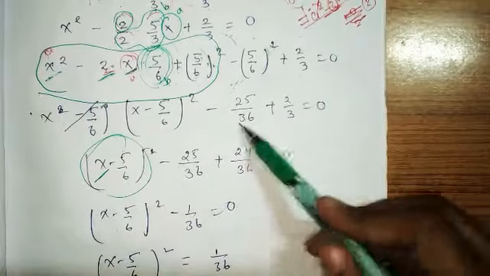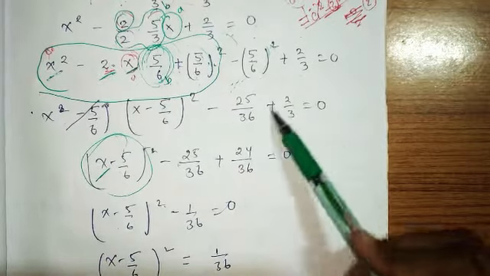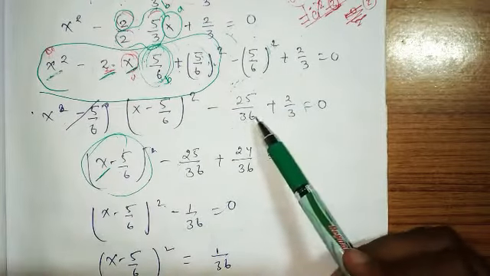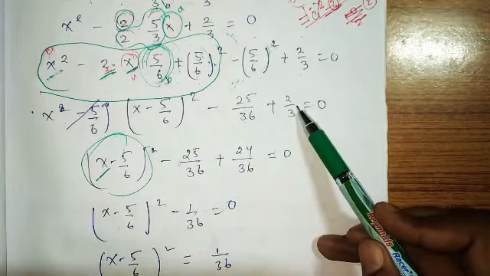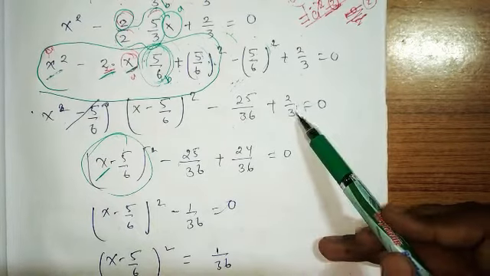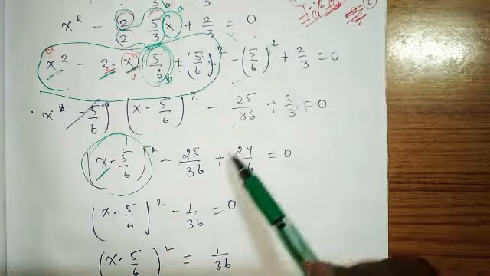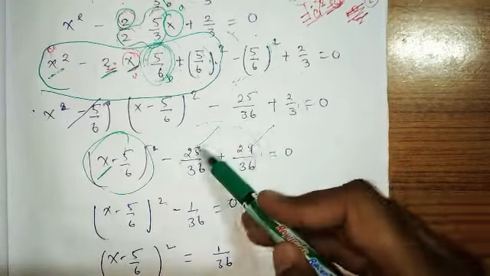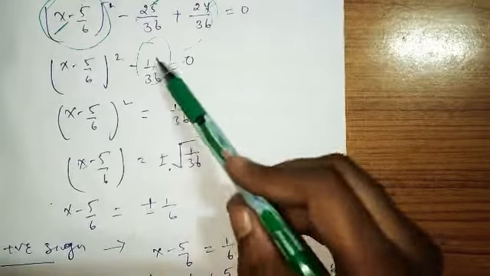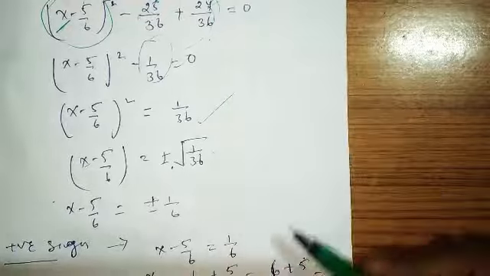After taking the LCM, because here the denominator is 36 and I have to solve this fraction with this fraction, the denominator must be same. To make this number 36 you have to multiply 12 on the numerator and denominator. After multiplying and subtracting, you will get minus 1 upon 36. Again minus 1 upon 36 will be transferred to the right hand side, and this is plus.